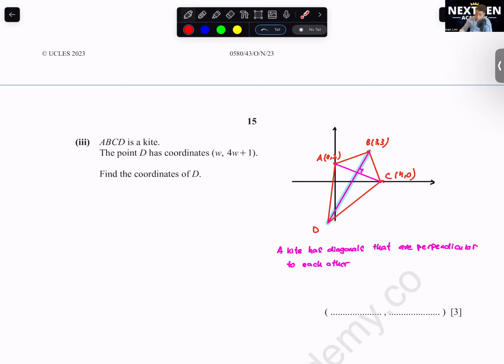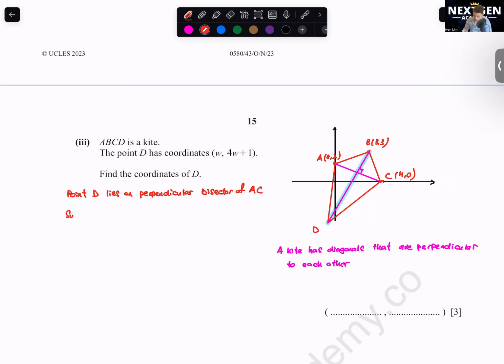Okay, so what we can say here first is that point D lies on the perpendicular bisector of AC. Okay, the previous question. What is the perpendicular bisector? Y equals 2x minus 3, right?